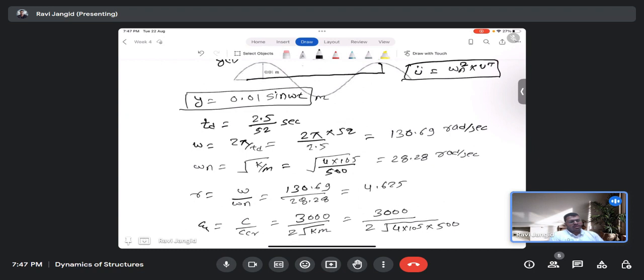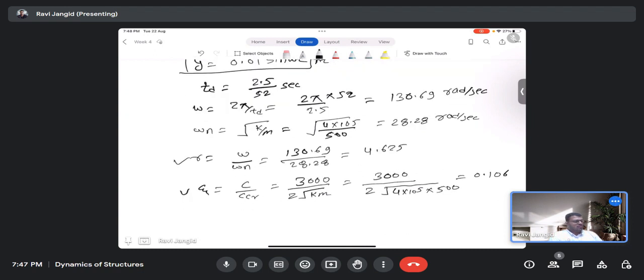That comes around 0.106. So now you have R, you have chi. Find out the transmissibility.